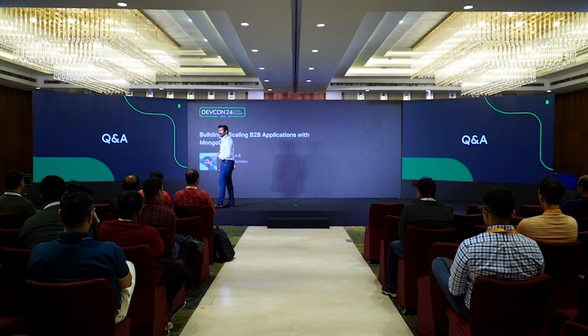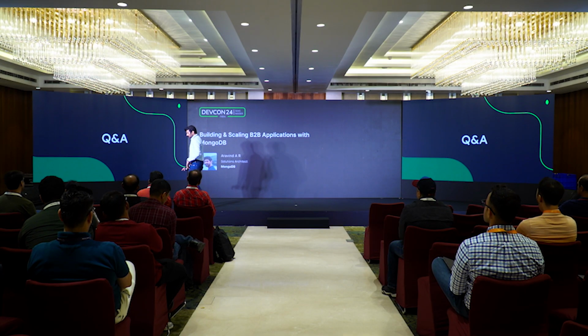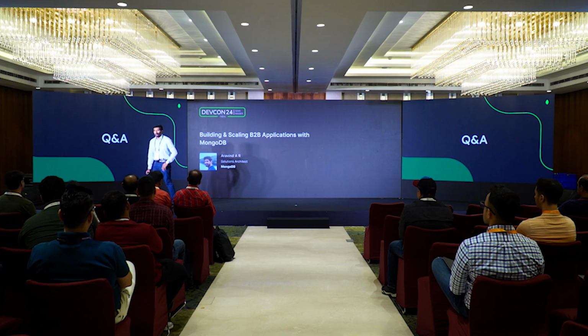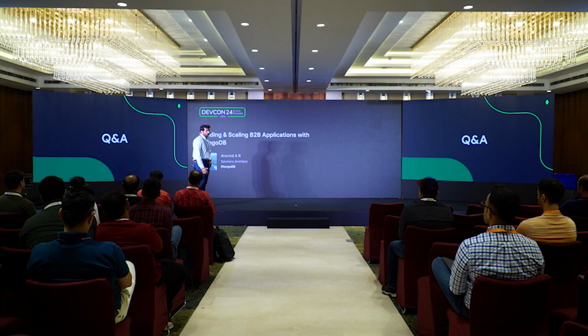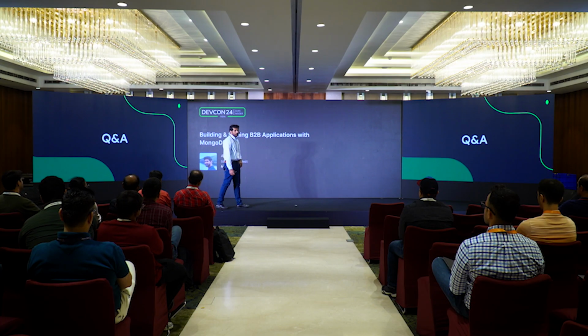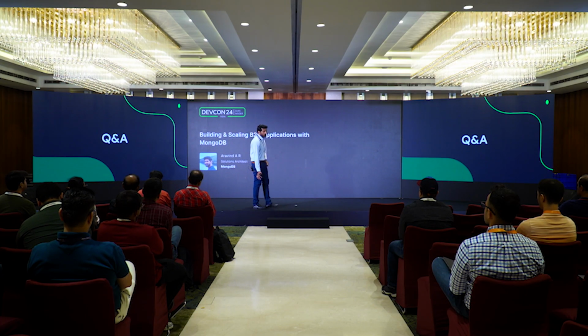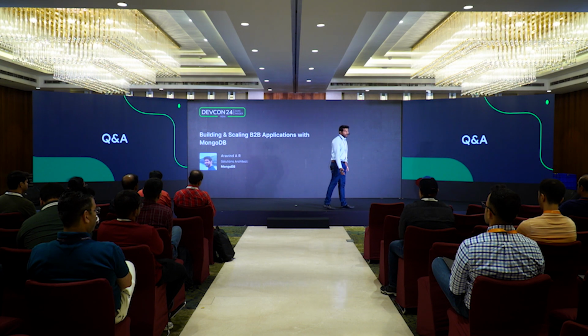right? So just to culminate the session, we spoke about different multi-tenancy options: cluster level, database level, and at a software level. For software level multi-tenancy, sharding is the way to scale, right? You have infinite sharding options.